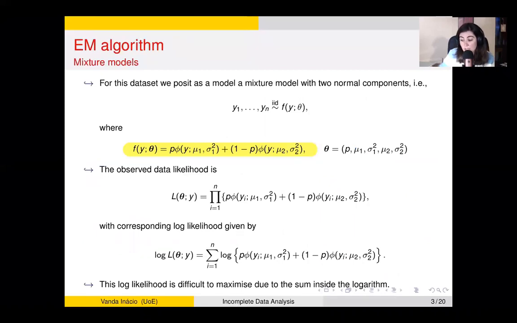And the model that we are positing for f is nothing more than a mixture of distributions, a two-component mixture. We have the first component here, the second component here, and then we have the weight that we give to the first component, which is p. And if the first component receives weight p, then the second component will receive weight 1 minus p.